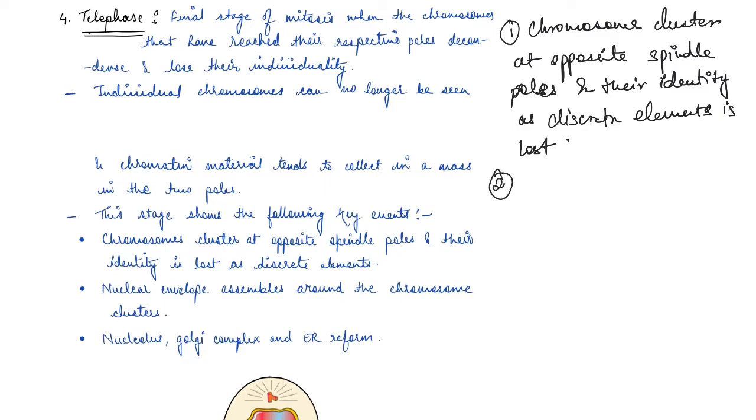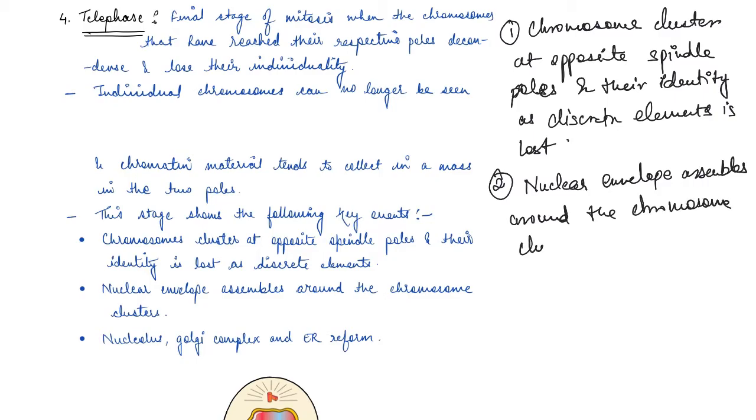The second one is that the nuclear envelope starts assembling around the chromosome clusters. So now the nuclear envelope again starts forming. The nuclear envelope assembles around the chromosome clusters, right?